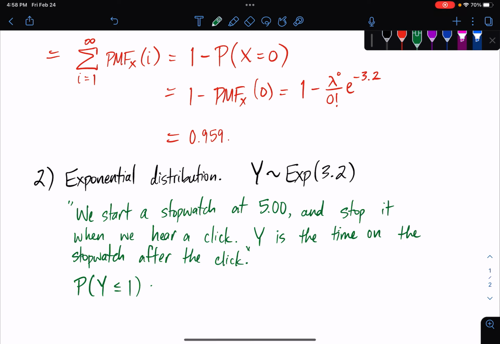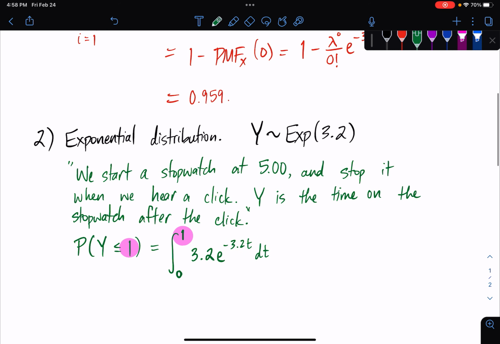And what's this? This is the integral from 0, the smallest thing Y could be, to 1 of the PDF of that exponential distribution, which is 3.2 e to the minus 3.2t dt.